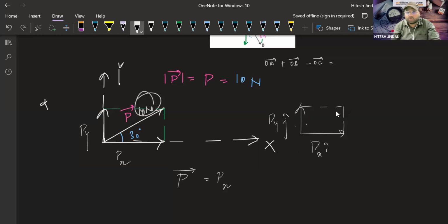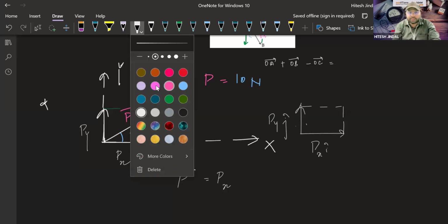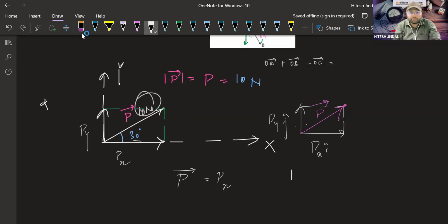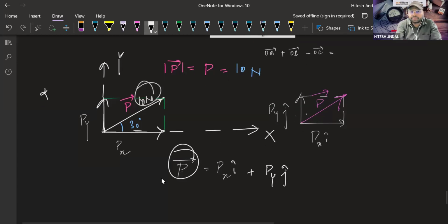The resultant, the addition of them, is this vector P. So vector P is the sum of these two vectors. Or we can say that these are the components of vector P. We have broken vector P into these components.